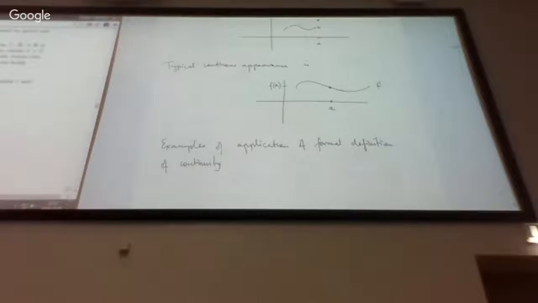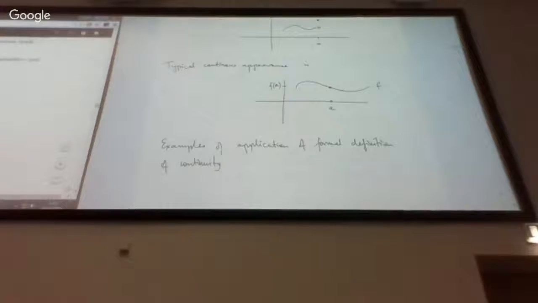So here we've got a sketch graph of a continuous-looking function. Here we've got the point a marked in its domain. And to say that the function is continuous at x equals a, what that says is, for any value of the parameter epsilon, where epsilon is measuring a radius of an interval around the value of the function, f of a, so for any size of interval around f of a, this L here is representing f of a on the vertical axis, there exists a certain size of interval delta.